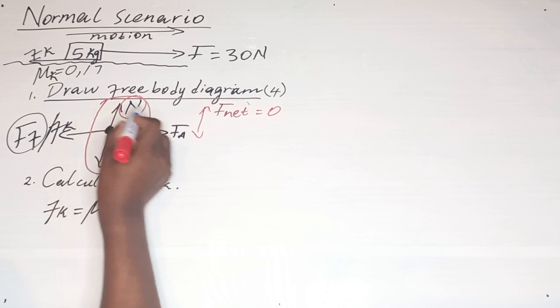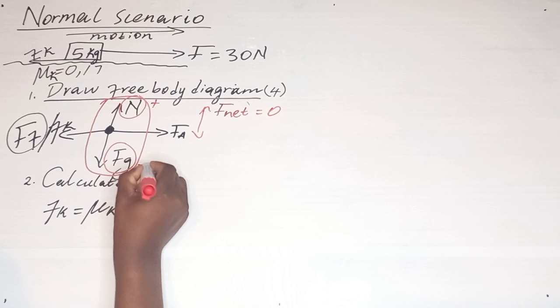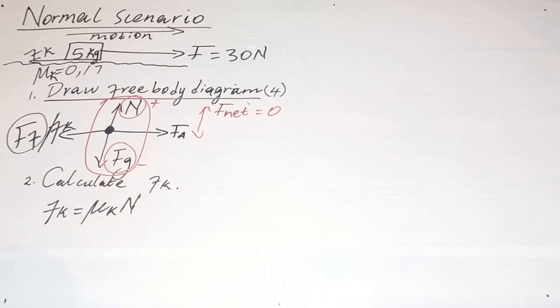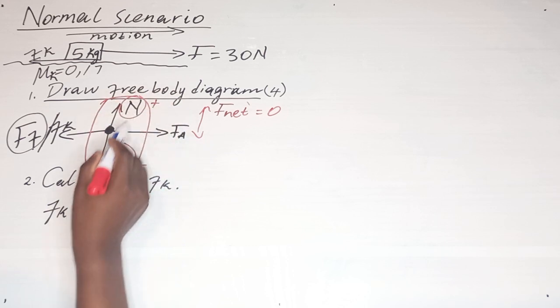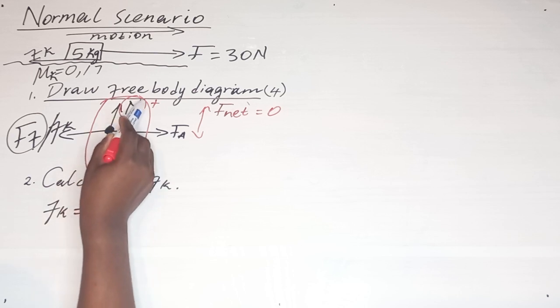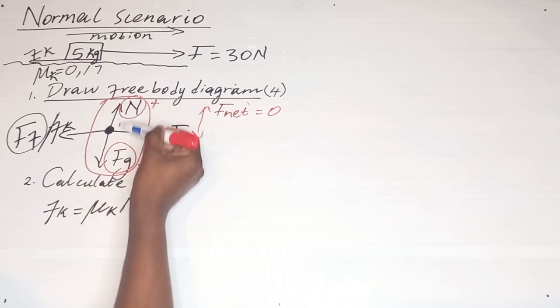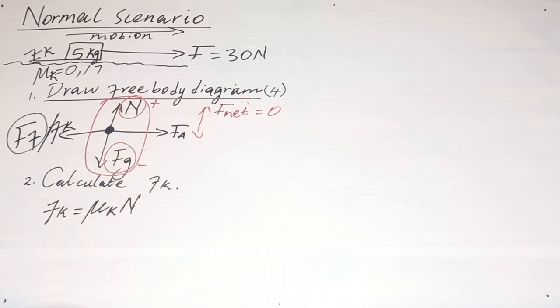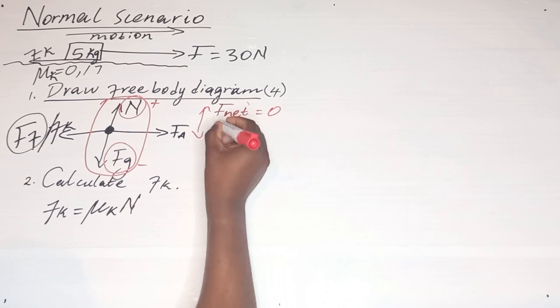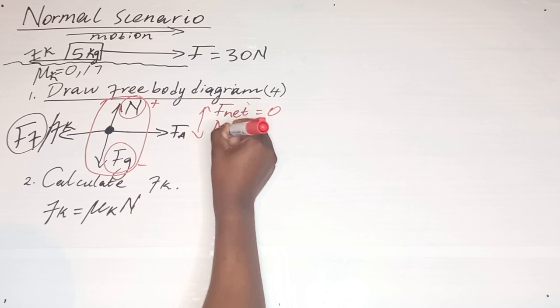We're gonna take the force which is going up as positive, so this simply means the force going down is going to be negative. Why are we doing all of this? It's simply because in our formula we are having a normal force, and we should understand what is the formula of the normal force according to these forces which are acting vertically. So our F net for vertical forces is the normal, which is positive.